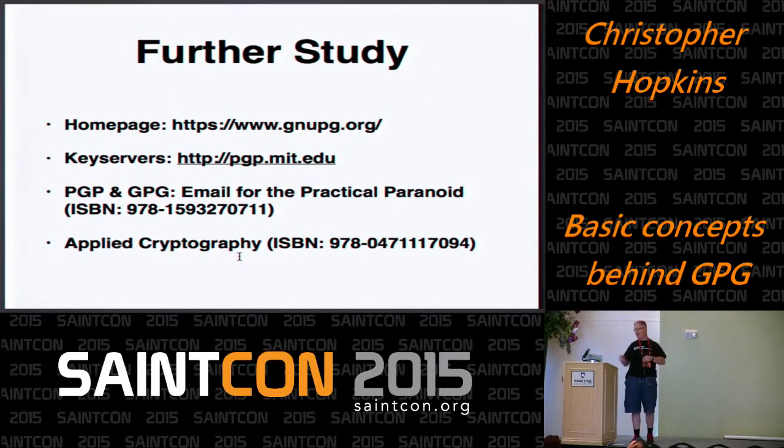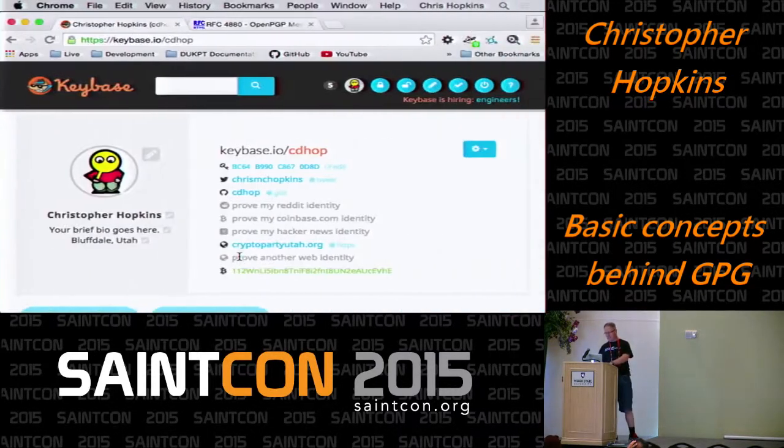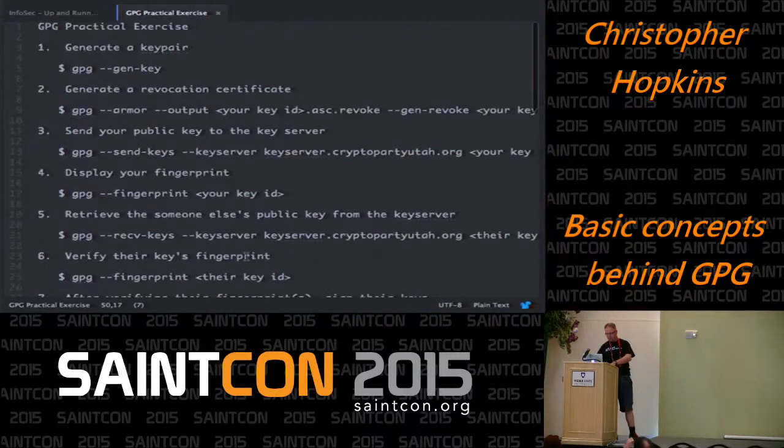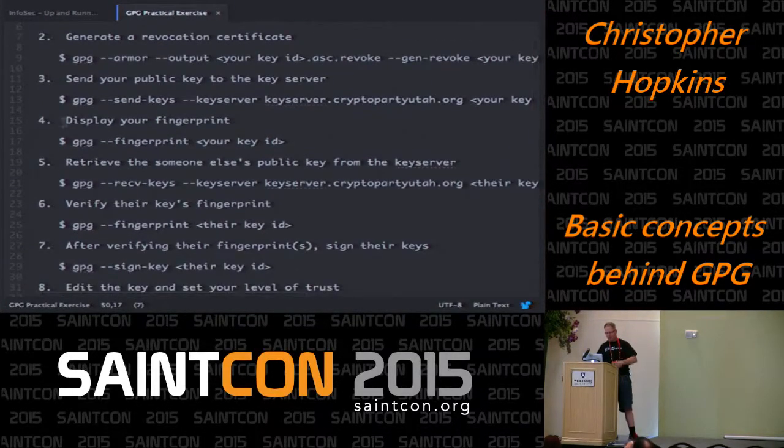You can run a command. In fact, it's in the practical exercise up earlier here, where you can basically run gpg fingerprint, then your key ID, or you can even put in your identifier, and then you'll get your fingerprint.